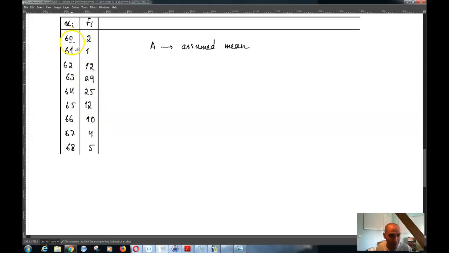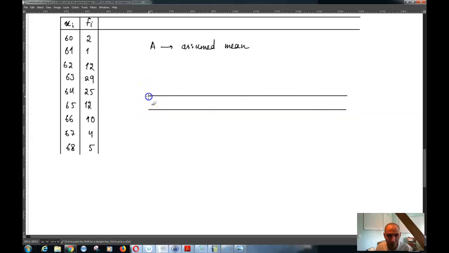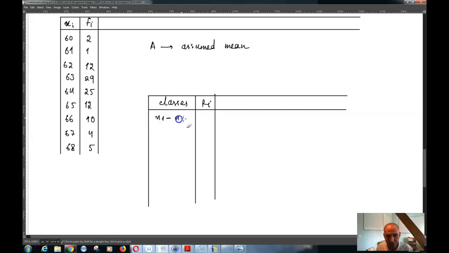Usually, for example, in cases where you have some classes over here and some f of i's related to those classes, this goes from x1 to x2, this goes from x2 to x3, this goes from x3 to x4, and so on and so forth.